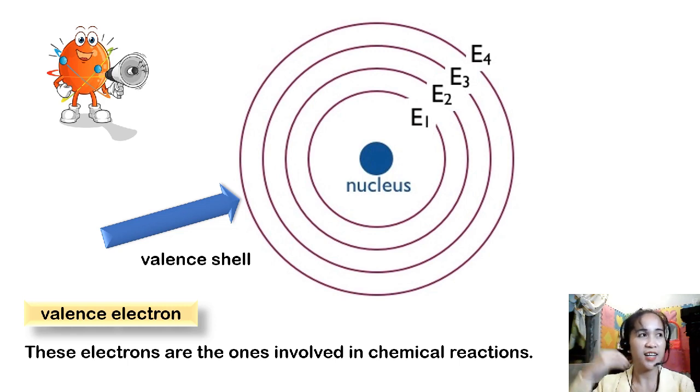So, meaning, in the second energy level, isa lang yung makikita natin na electron. So, therefore, the valence electron of lithium is 1. Okay? So, you will understand more of that when you are in grade 9, guys. So, out of time na po tayo kung i-discuss natin ngayon, kasi mag-grade 9 pa kayo, dapat i-discuss yan.